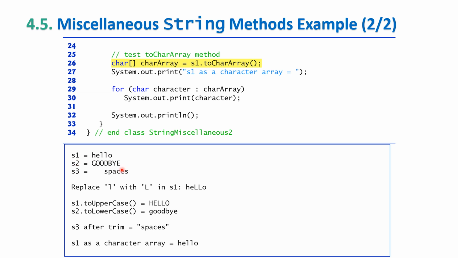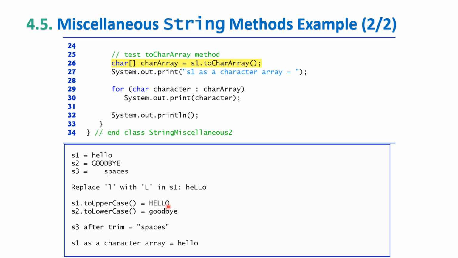The first three lines in the output show the original content of s1, s2, and s3. And then it shows the result of calling the replace method on the string s1. Note that the result here is a new string that has the same content as the string s1, but with the two lowercase l's replaced with capital L's.